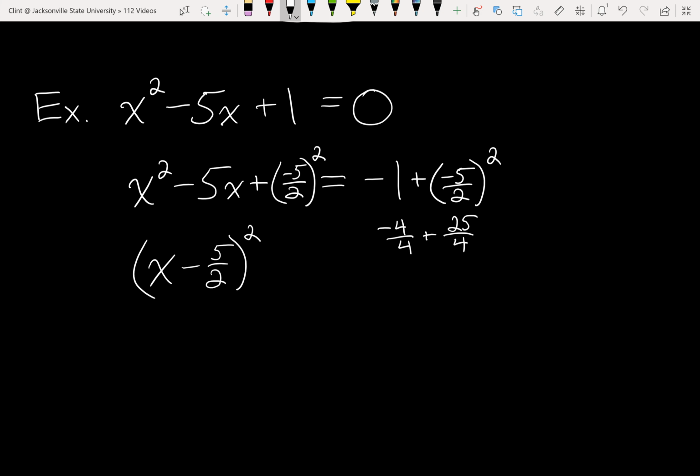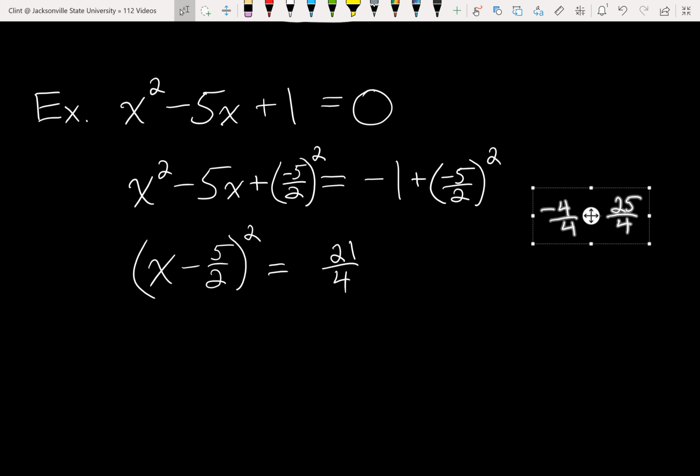So when we combine these, we end up with 21 over 4. Again, you can do that in a calculator.